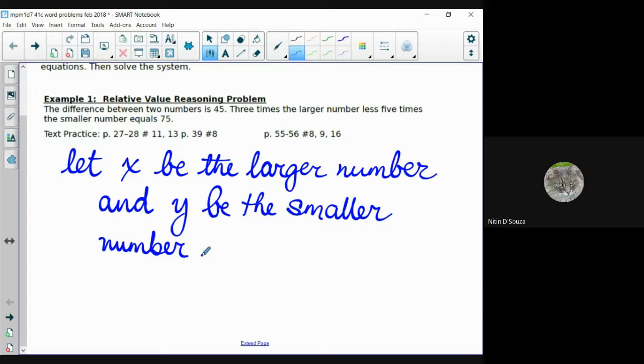The difference between two numbers is 45.